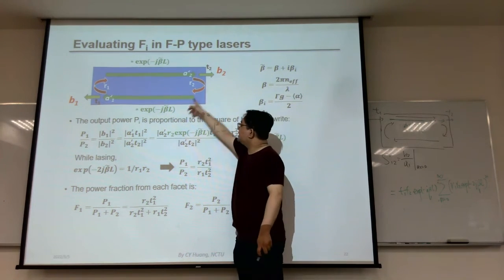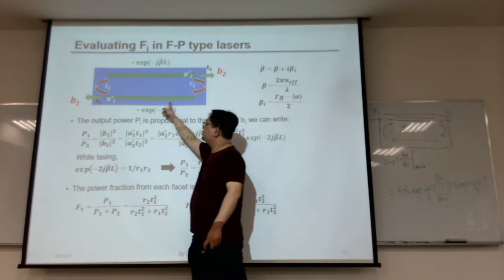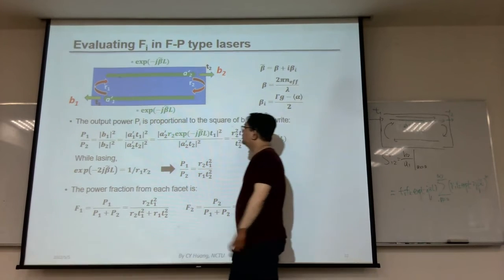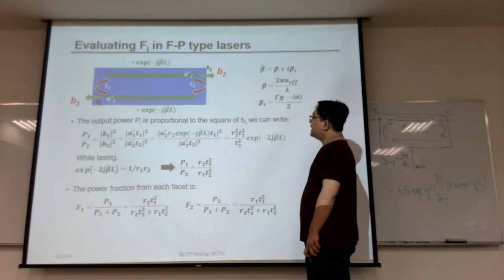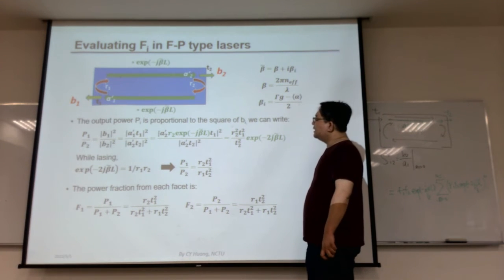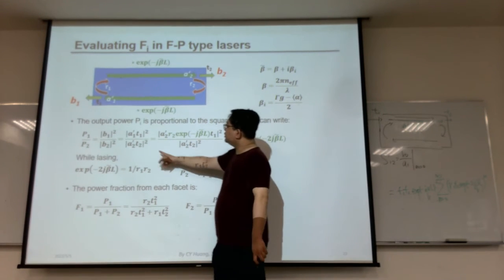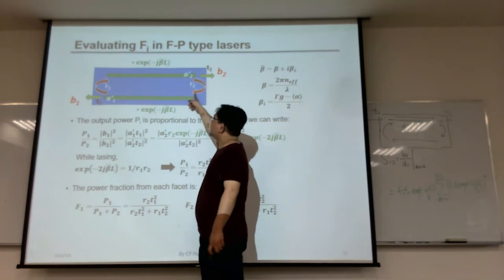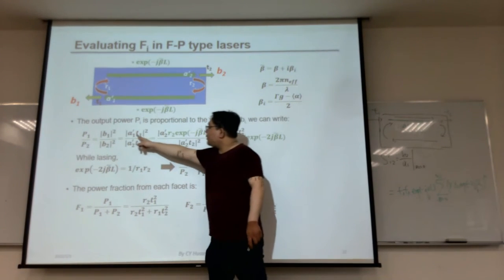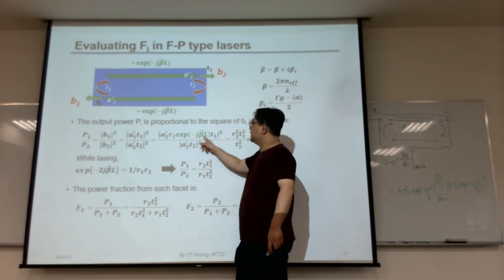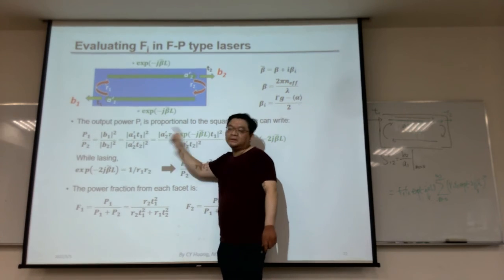And we can further write down A1 as A2 times R2, because you need to reflect here at R2, then propagate with exponential j beta L. So A1 becomes A2 R2 exponential j beta L. Then we can divide by the common term A2.